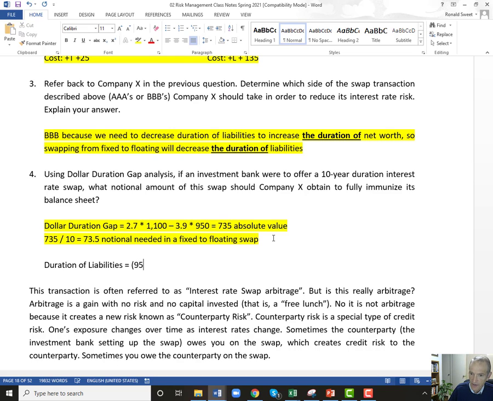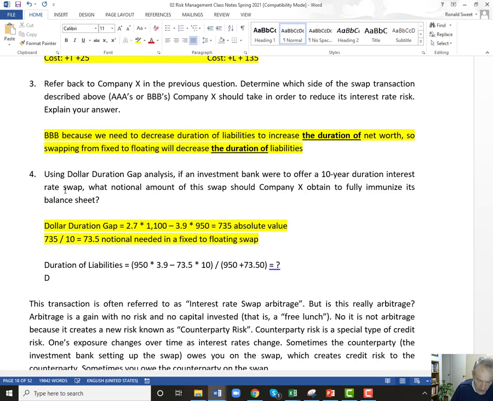So you get 950 times 3.9 minus 73.5 times 10, and you divide that by 950 plus 73.5. And that will give you a number. I'll let you work this on your own.